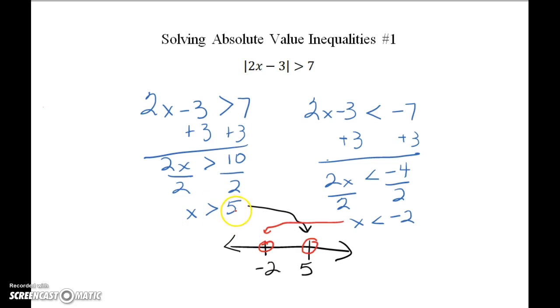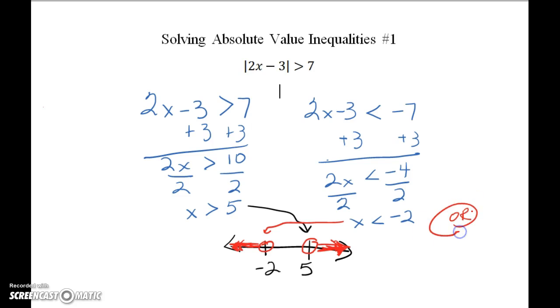X is greater than 5 tells me that I'm going to color in the positive end, the greater than end. X is less than negative 2 tells me I'm also going to color in the smaller end. So if you recognize this as a compound inequality, this is an OR.